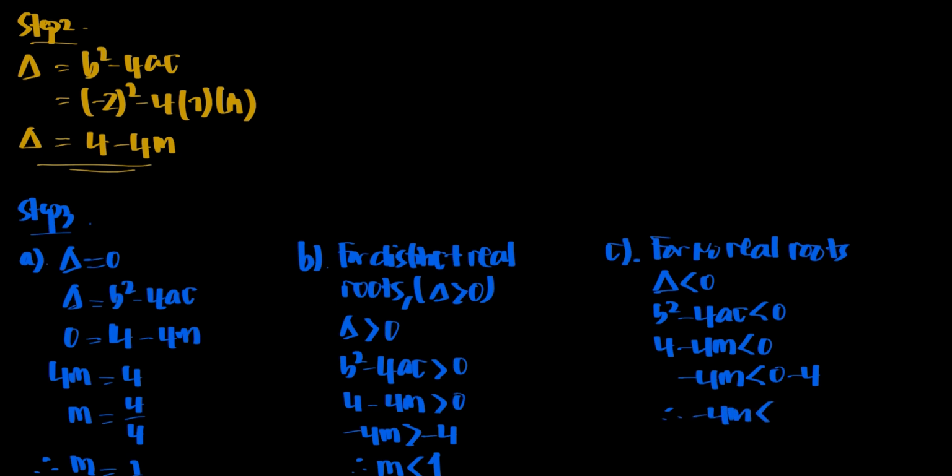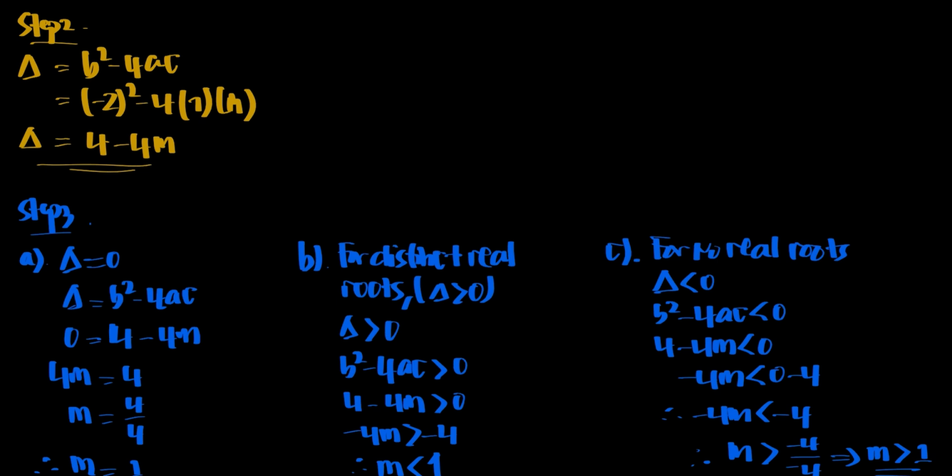Now you can see again that it changes the sign. M turns into negative 4 out of negative 4, m bigger than 1. Okay? That is the way we solve the discriminant by applying those 3 conditions: when delta bigger than 0, when delta equals 0, and when the value of the discriminant is less than 0.